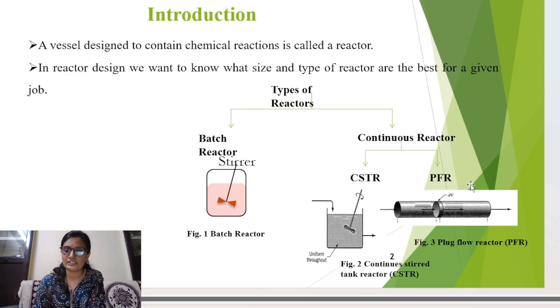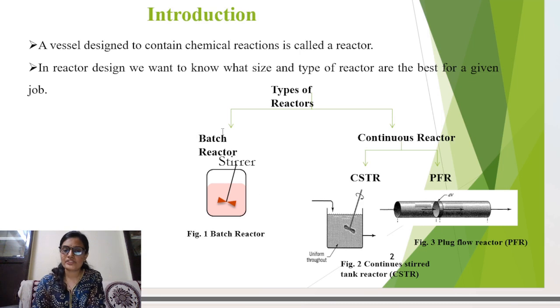Another one is the PFR. In PFR we have a tubular type reactor. The feed enters continuously from this side, and simultaneously we receive the output from the other side. Here in PFR the mixing does not take place in the axial direction. Mixing takes place only in the radial direction. So this is the important thing about the PFR.